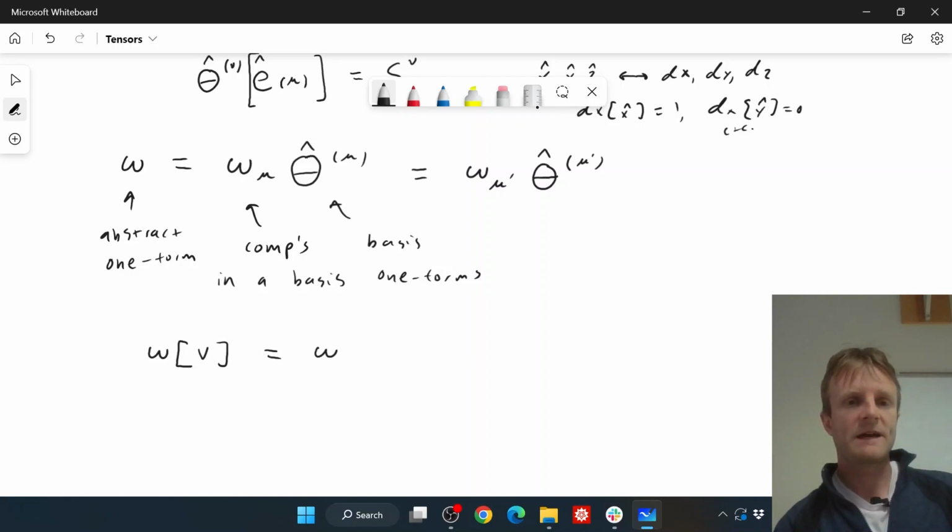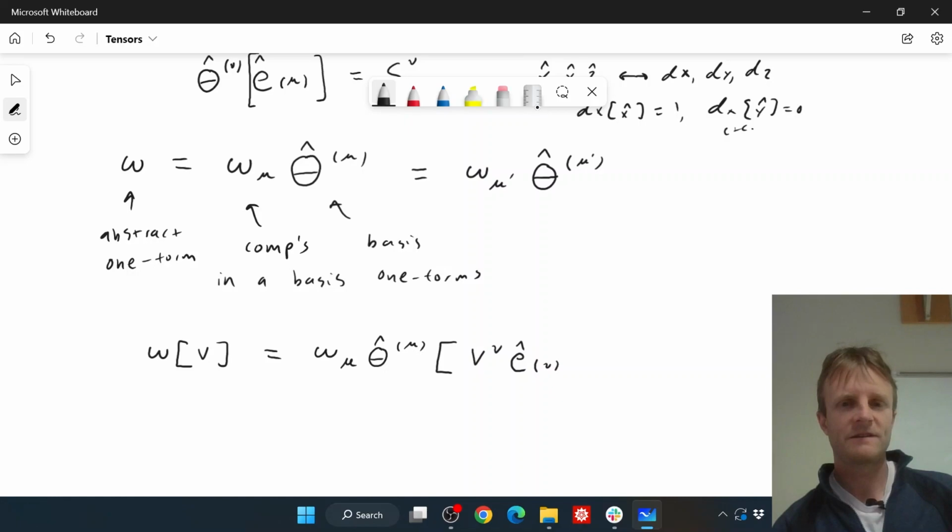So we have omega mu theta hat mu acting on v, I'm going to call it nu. I don't want to reuse mu because I've already used it. I would have problems if I used it again. It would be inconsistent notation. So now v upper nu, and we called our basis vectors e hat lower nu.